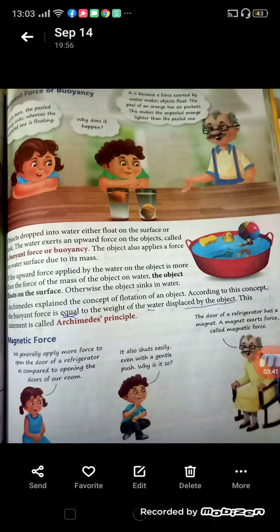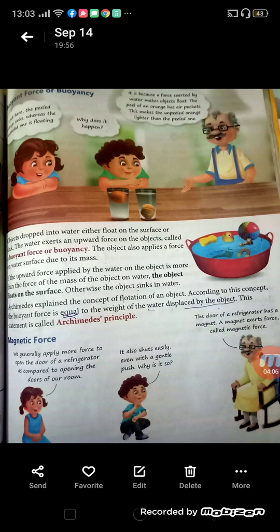Can you think what is the reason behind this? There is a scientist named Archimedes. He discovered that water exerts an upward force on the object. Water exerts an upward force on the object.